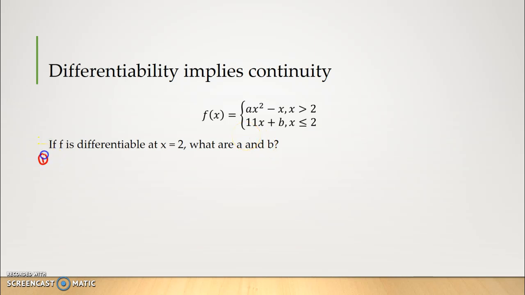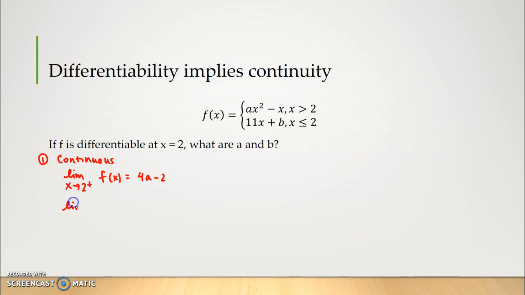So first of all, if it's differentiable, it has to be continuous. And to be continuous, that means that the limits as x approaches 2 in both directions have to match. So the limit as x approaches 2 from the positive direction would be 4a minus 2.